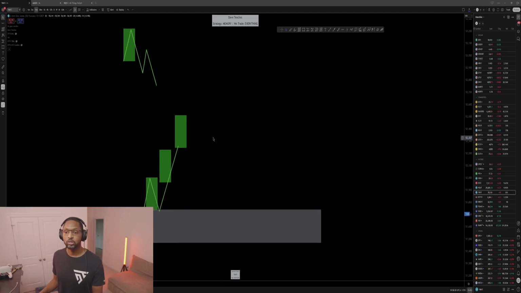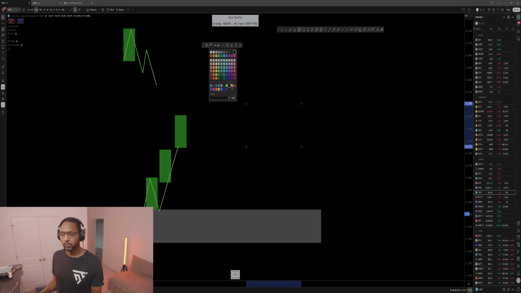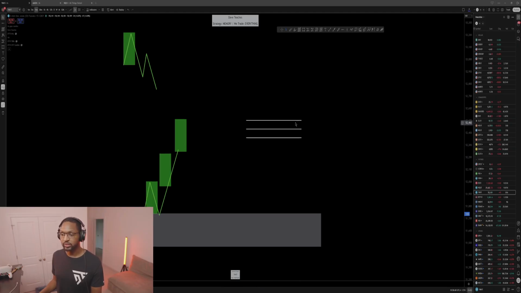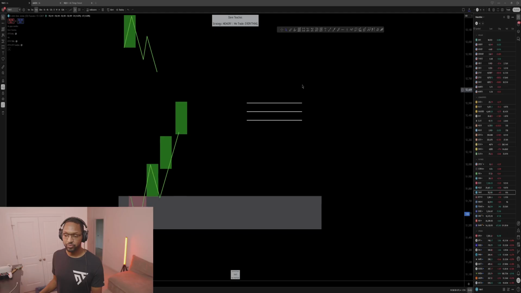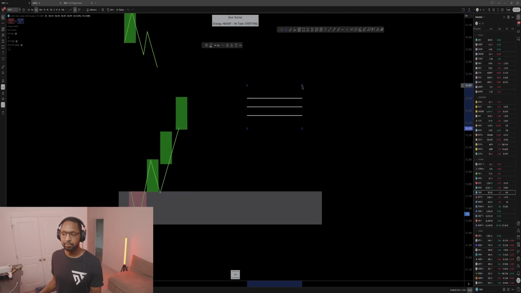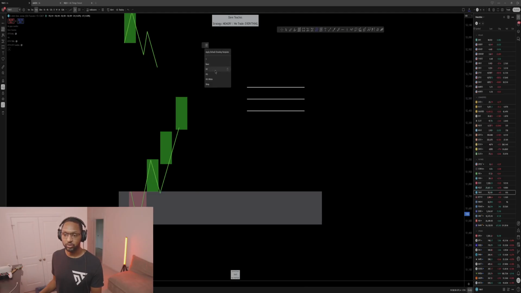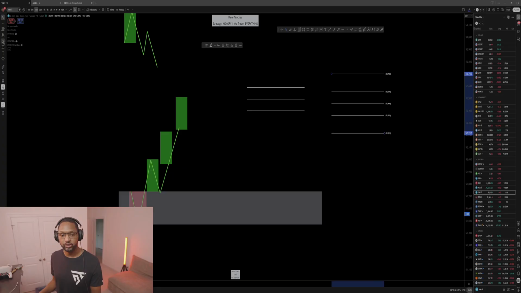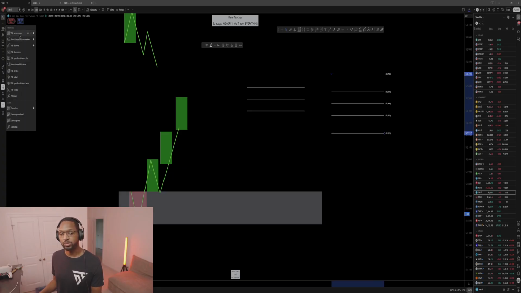So for the people who do not understand what we mean by fib, and they likely didn't watch the videos, that's the only reason why they wouldn't understand this. Whether it's the Gann box or the Fibonacci on the tools here, you see fib retracement, or you see Gann box.